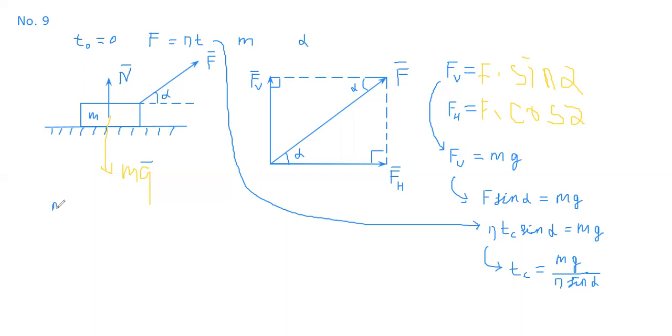According to this law, m times the first derivative of velocity. Now I am considering the projection of vectors on the direction of motion, so I don't need to use vectors.